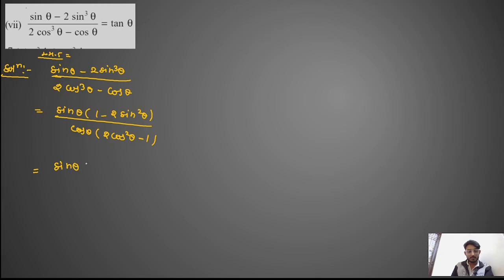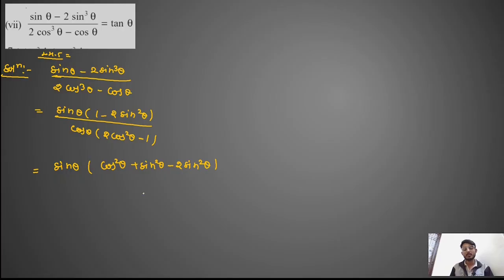Sin theta equal to, what can you do here? You can write 1 minus 2 sin square theta, so you can write 1 as, as you know, 1 equal to cos square theta plus sin square theta, so cos square theta plus sin square theta minus 2 sin square theta.